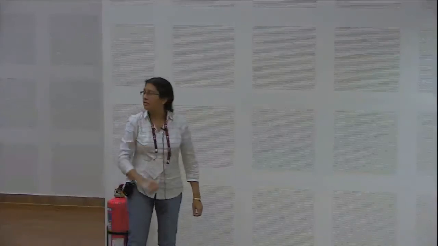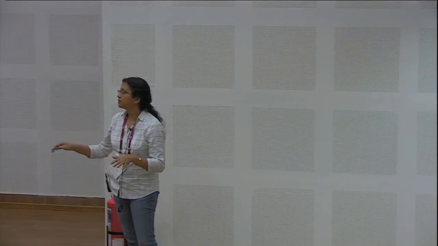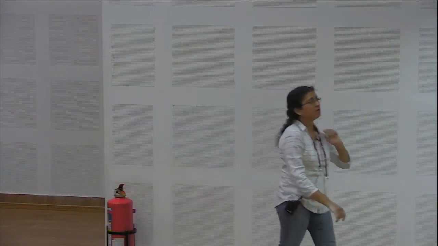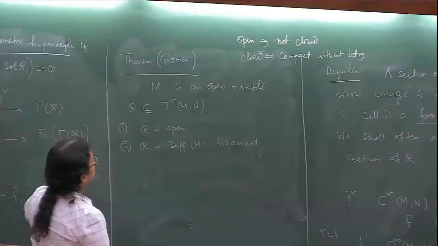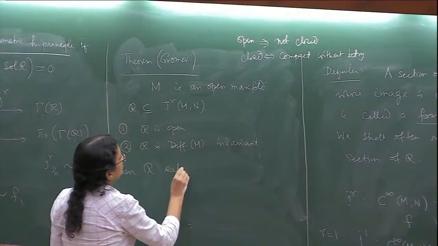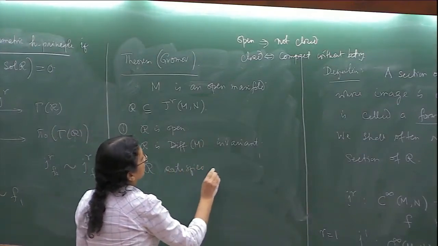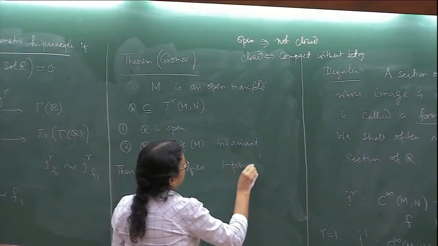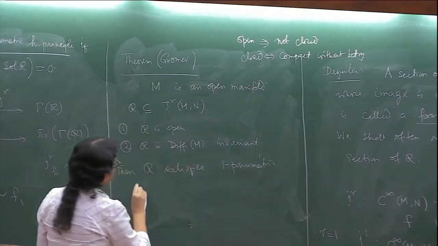But if you look at immersions, that is an open relation because it is defined by certain function being non-zero. So they will be coming under this. So 1, 2. Then R satisfies one parametric H principle.